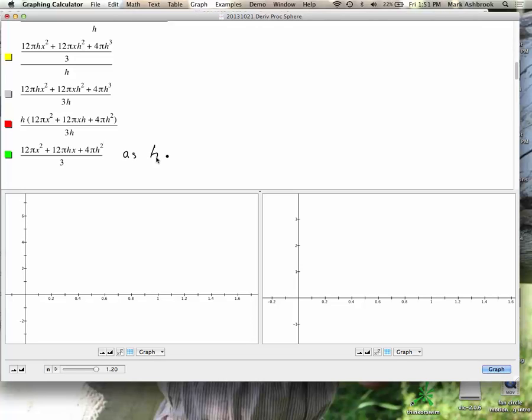This will go away, and this will go away, and we have 12 pi x squared over 3, which is 4 pi x squared.